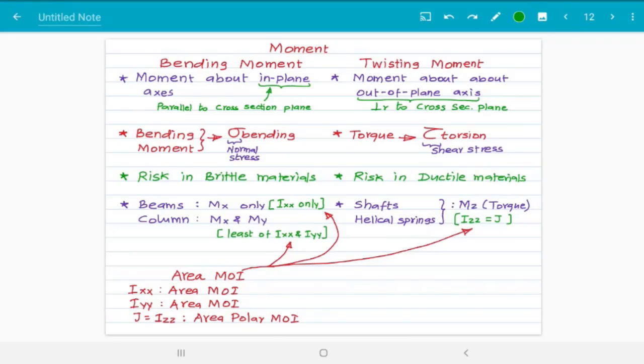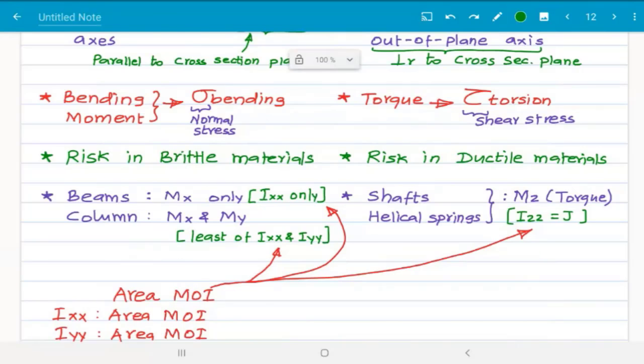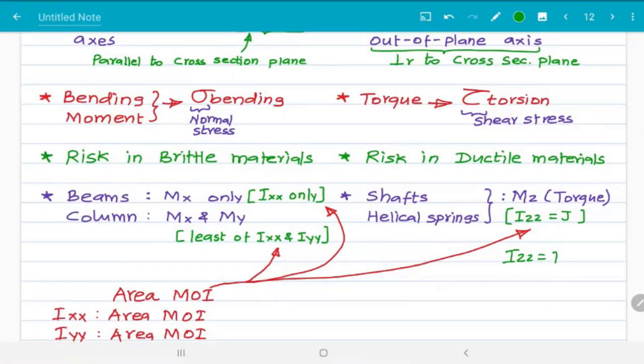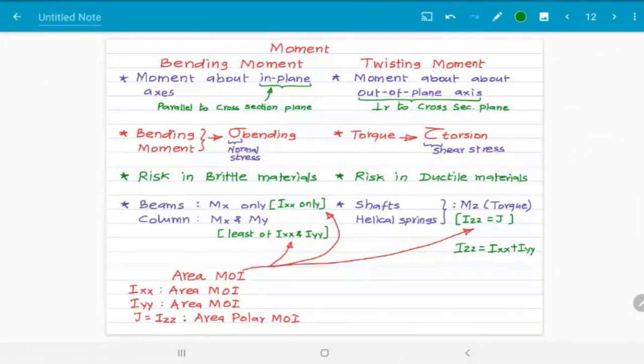Then in case of shafts, we will use IZZ. That is called J. So this IZZ is nothing but IZZ is equal to IXX plus IYY. That's the perpendicular axis theorem. So this is about the difference between bending moment and twisting moment.